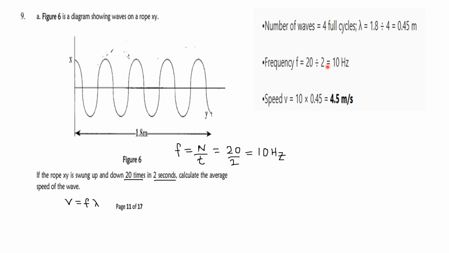And the frequency is 10, which we already found. So to find speed, we take 10 multiplied by 0.45, which gives us 4.5 meters per second.